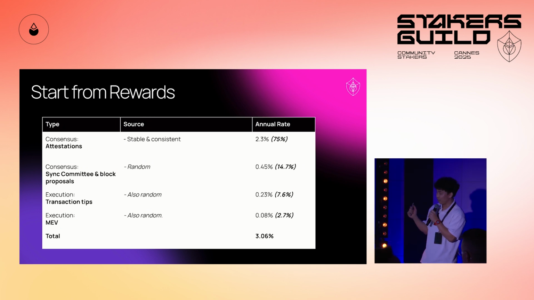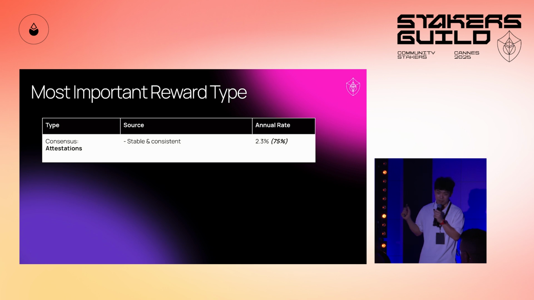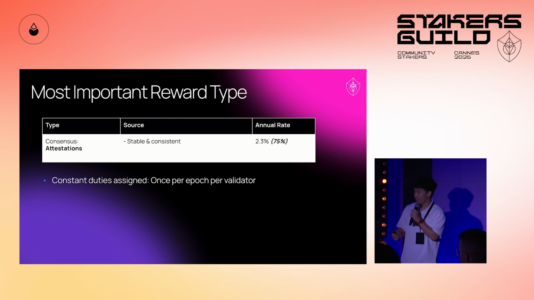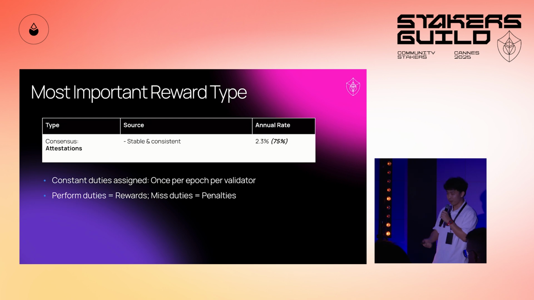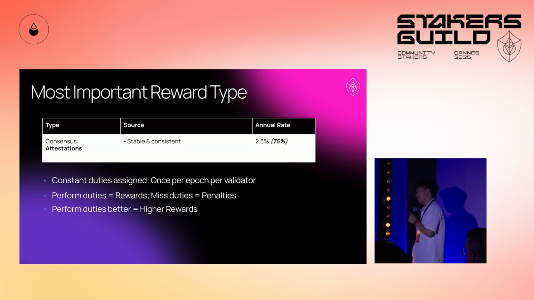All right, now given that attestations are the most important reward type, they are constant duties assigned once per epoch per validator. If you perform your duties, you get rewards. If you miss these duties, you get penalties. If you perform these duties better, you get higher rewards.